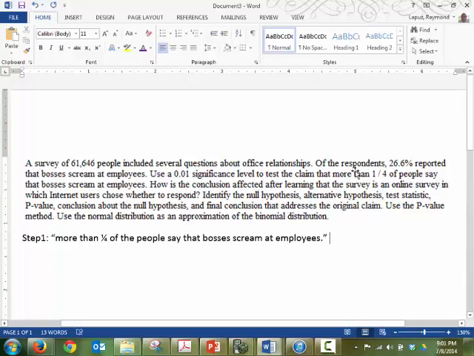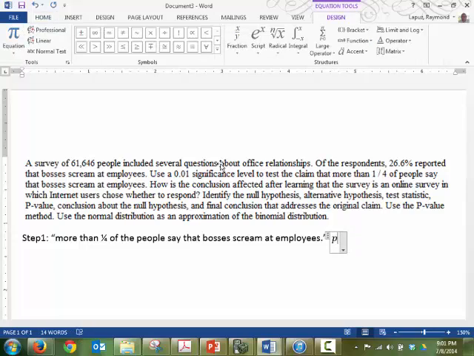Read it, and then they usually have the word claim or test something. Sometimes they don't have the word claim, but you can just tease it out of the sentences that you're reading from the paragraph. Remember, Frank said, this is all word problems, but they're all structured so that you can find key words that would trigger something in your head and say, oh, this is a proportion. Oh, this is the claim, and things like that.